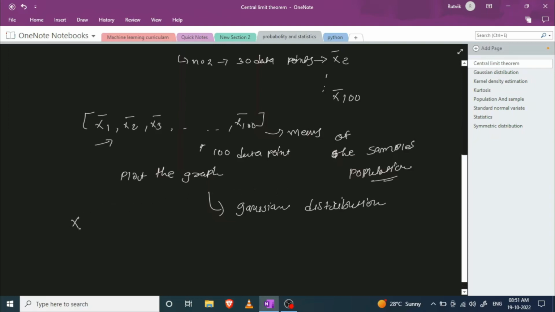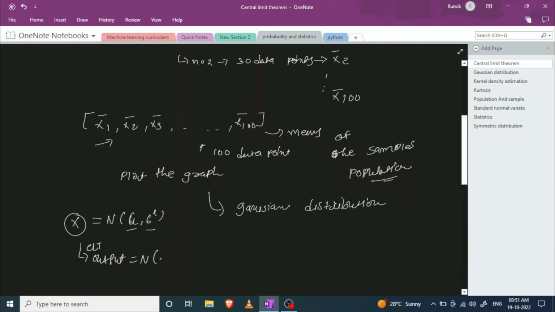Another thing: suppose we have a population that already follows the Gaussian distribution, with mean mu and variance sigma squared. If we perform the central limit theorem on this population, the output will follow the Gaussian distribution, but there is a little change in a parameter.